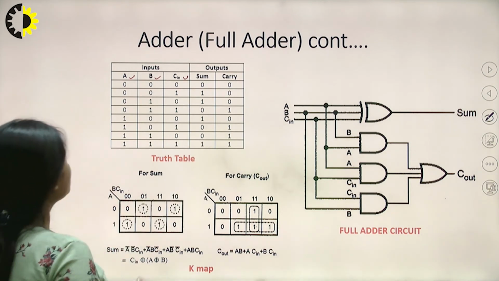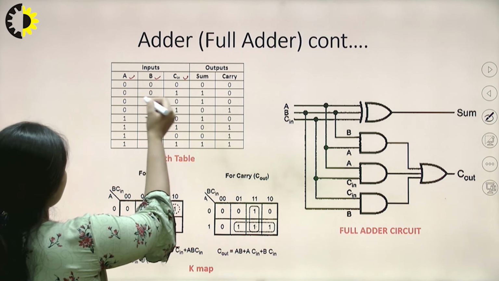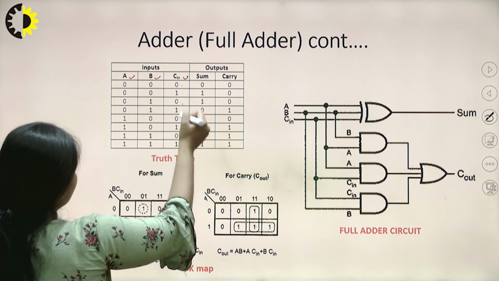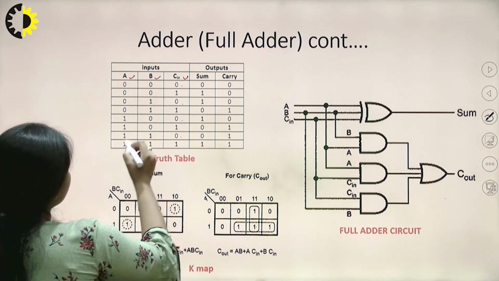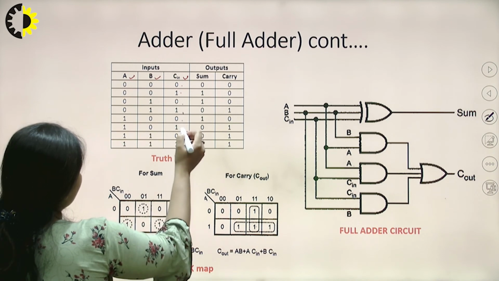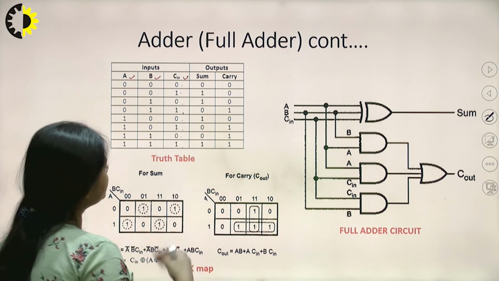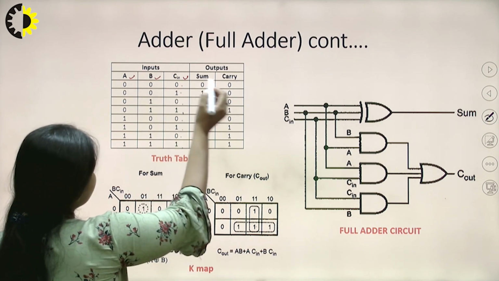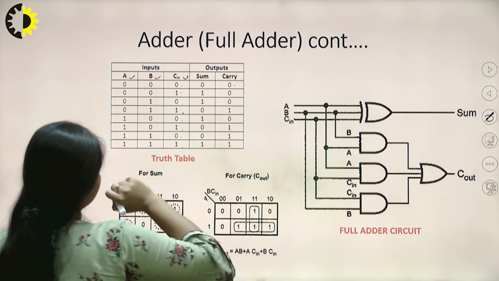All possible combinations of A and B are 00, 01, 10, 11 for carry 0, and 00, 01, 10, 11 for carry 1. Now we will see what we have as output. Adding 0 0 0, we have 0 in sum and 0 in carry.